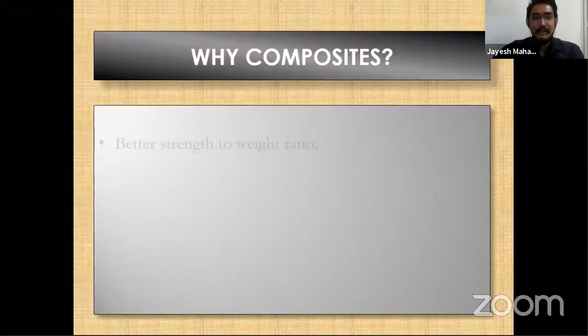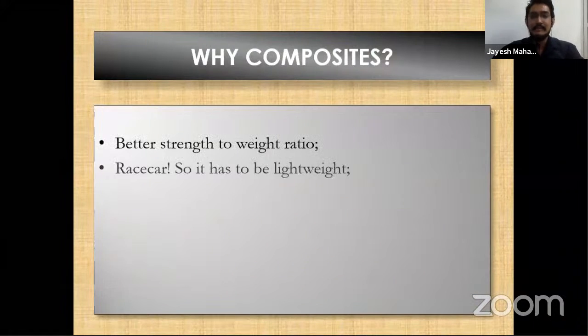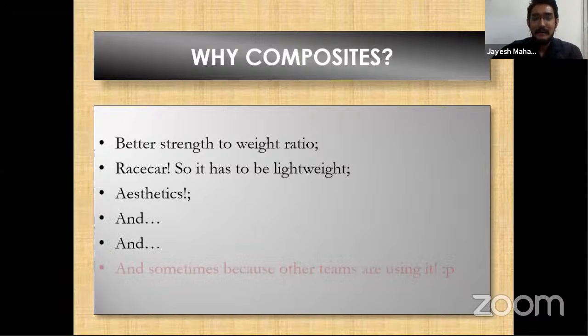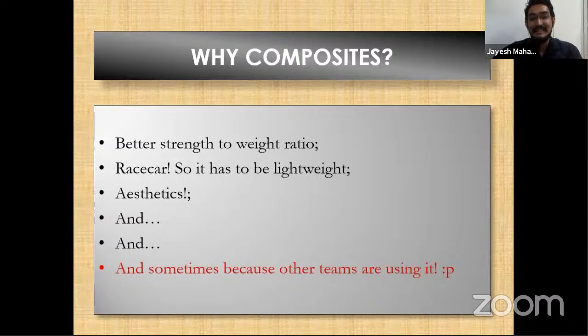First of all, it gives a better strength to weight ratio, and second, it's a race car, so it has to be lightweight. Third is aesthetics, because it looks really superb when you add some composite materials. And sometimes because other teams are using it. I'm just kidding, this should not be the reason why you use composite materials.